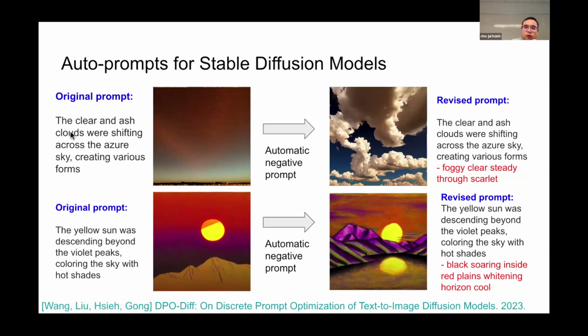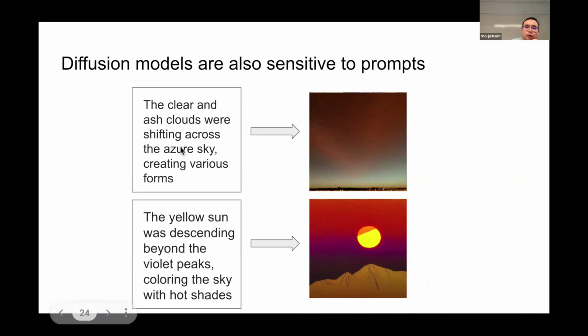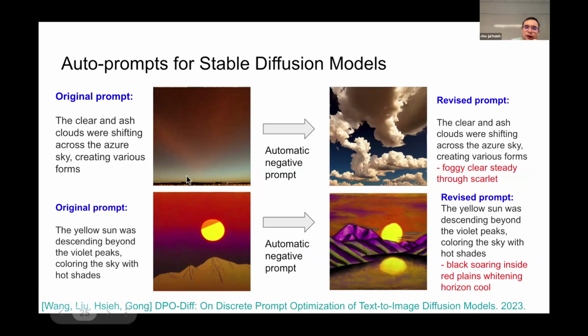For example, this is the original prompt we showed in the previous example, and if you add some more keywords here, it gets a very good generation result. Same for the second example here. So I just want to say this is not only for text, but also for multimodal LLMs or generation models. It's also important to get a good prompt.